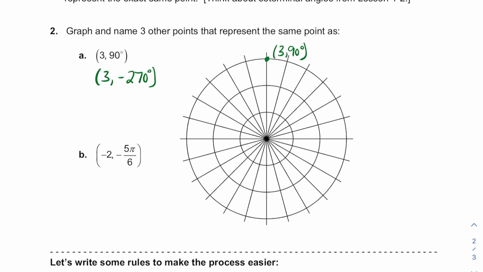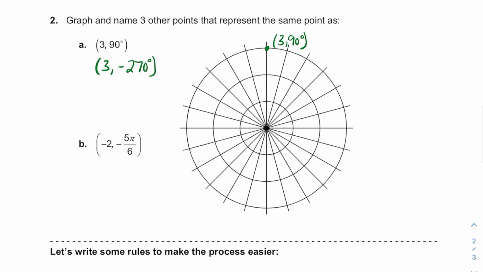So let's try to keep these numbers between negative 360 and positive 360. So I'm not going to be able to add or subtract a full circle anymore, but we also have another option of using the idea of a negative radius. So if I was at positive 90 and I went to negative 3, that would put me here. What I want to think about is, if I say the radius is negative 3, then what angle should I go to so that when I flip to the opposite side of the line, it will put me at the same spot?